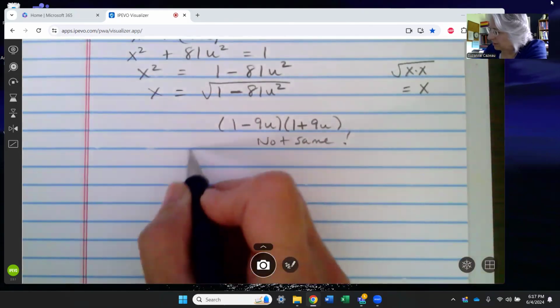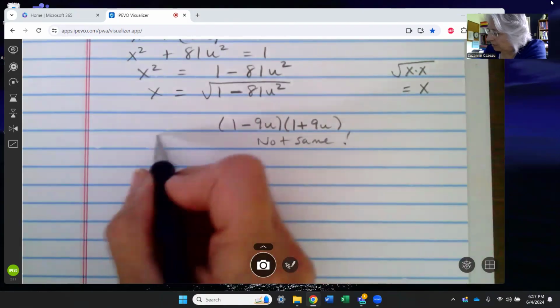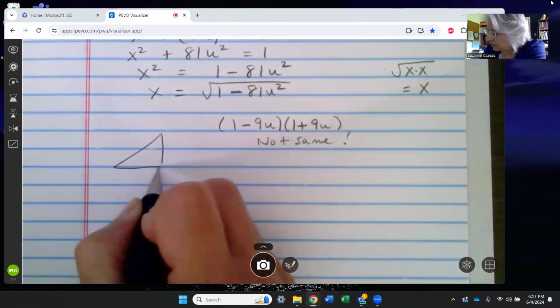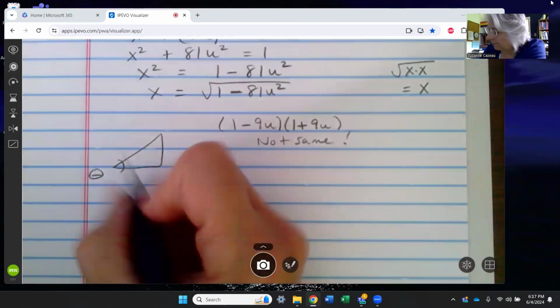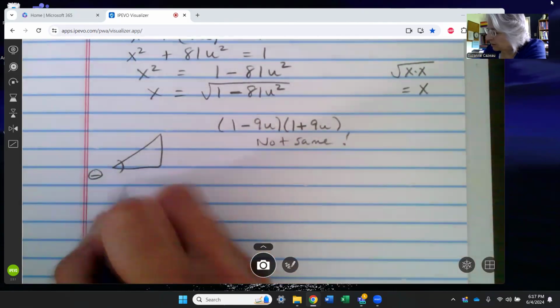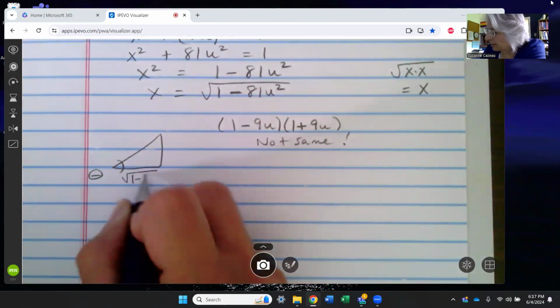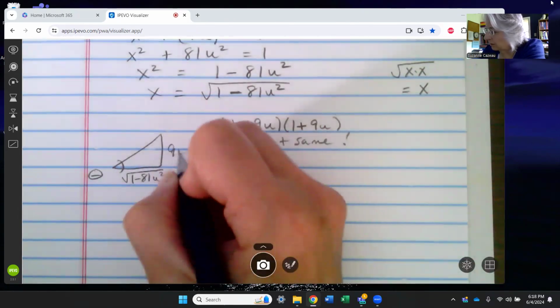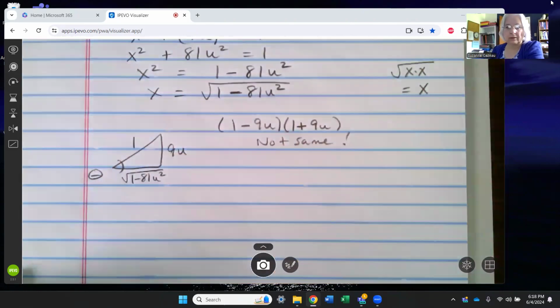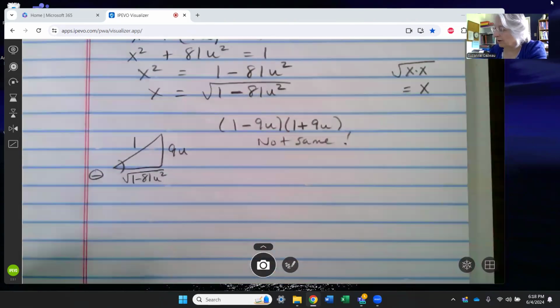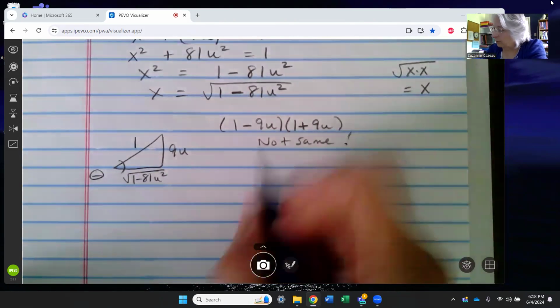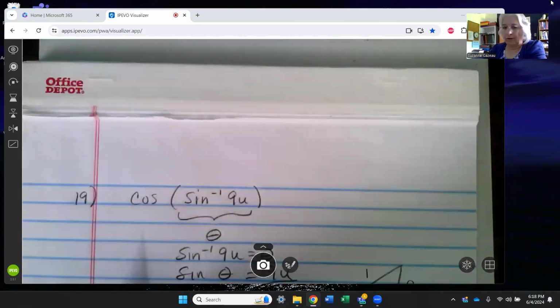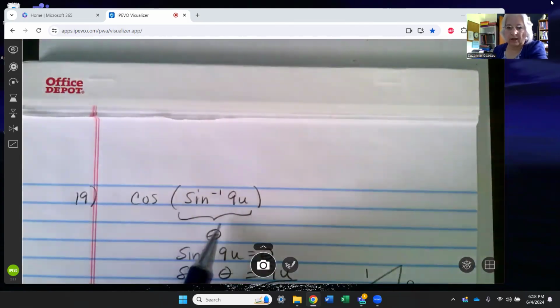Okay. So my triangle now becomes this. I've got the square root of 1 minus 81u squared, and I have 9u here, and I have a 1 there. So now you can do any trig function they're asking for, but we want the cosine of theta.